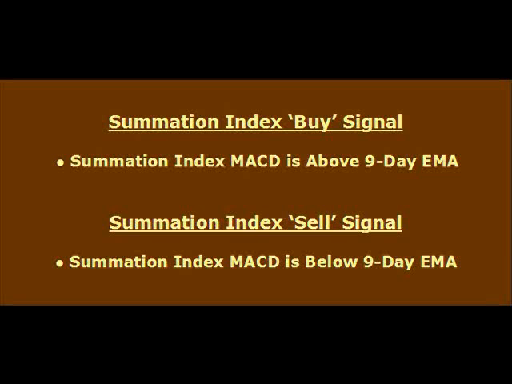If the Summation Index MACD line is above the 9-day EMA trigger line, a bullish trend is indicated. Conversely, if the Summation Index MACD line is below the 9-day EMA trigger line, a bearish trend is indicated. Now we'll look at an example of this in a minute.